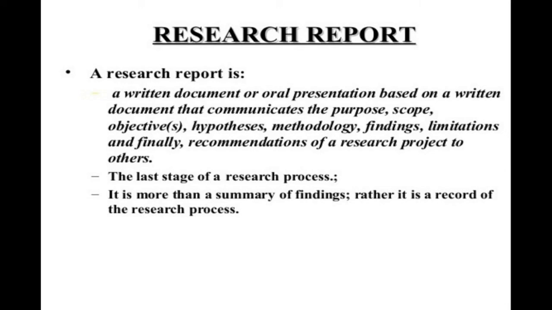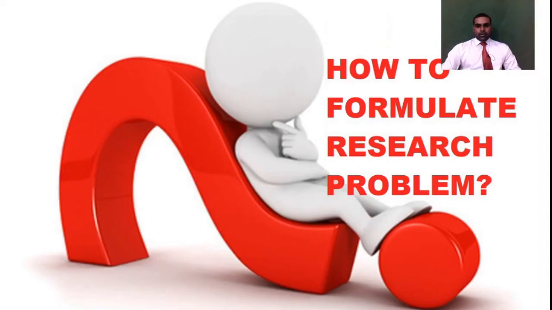Now I hope we understand the 8 steps a researcher must take in the research process. So at the last we recap all the points. The first point is how to formulate the research problem.